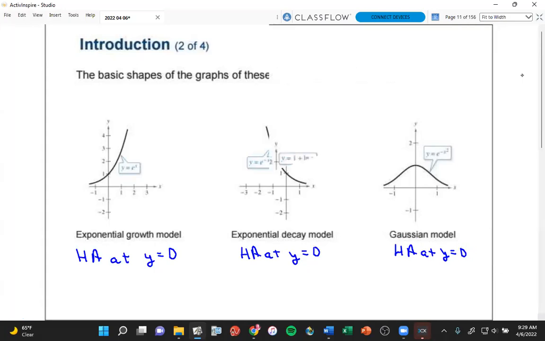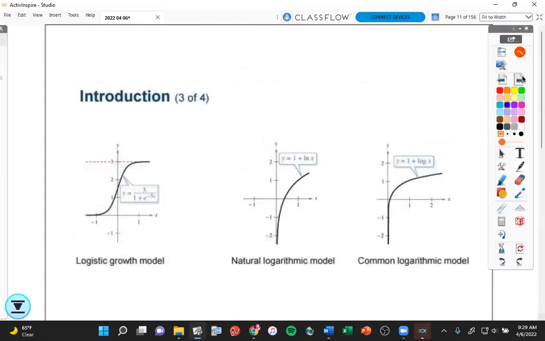Next one. Logistic growth model. Do we have any horizontal or vertical asymptotes? Okay. This particular function does have 2 horizontal asymptotes. We have y equals 0 and y equals 3.